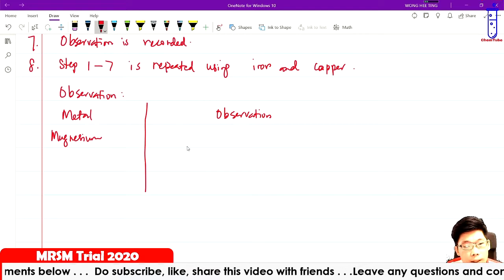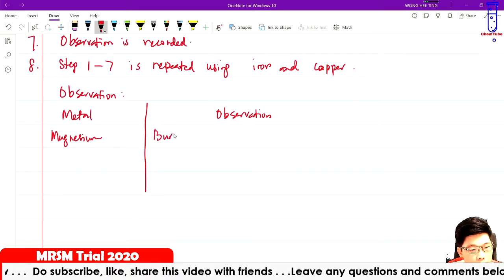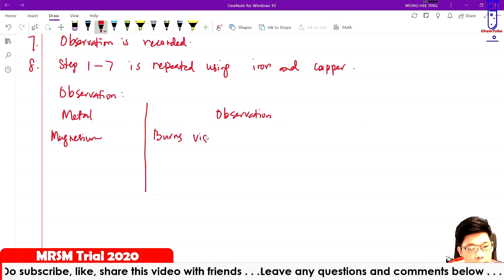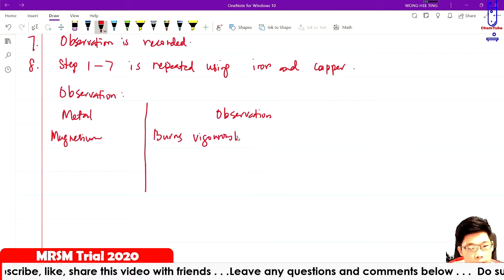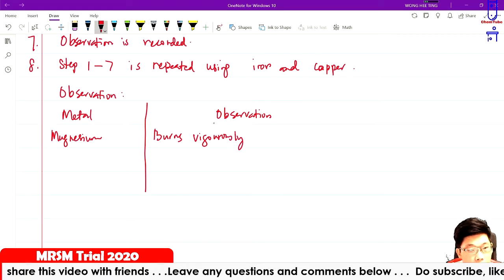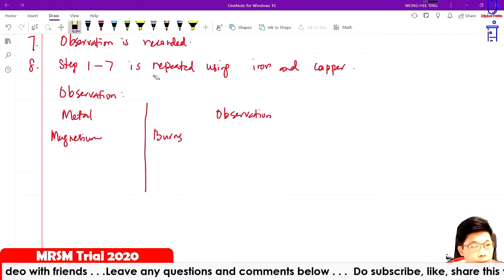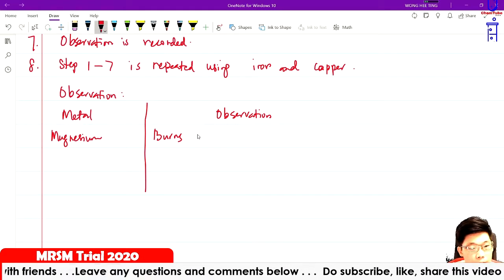We know that it is the most reactive, right? So it burns vigorously. Vigorously, you must write it correctly.